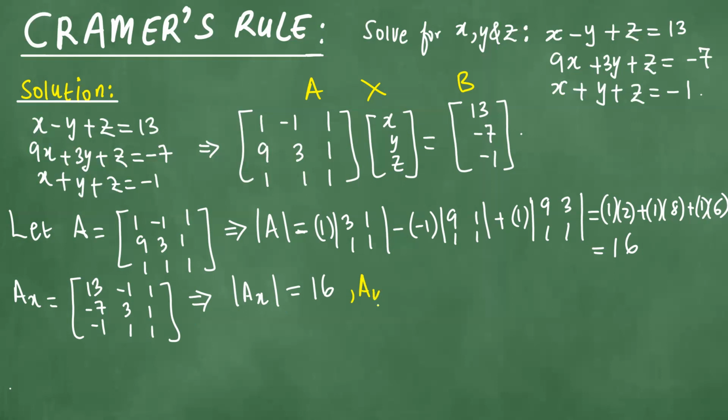We shall also form another matrix, which we shall call A sub Y. You put the B column in the second block. So the first column is exactly 1, 9, 1. The B column is 13, minus 7, minus 1, and the last one is 1, 1, 1.